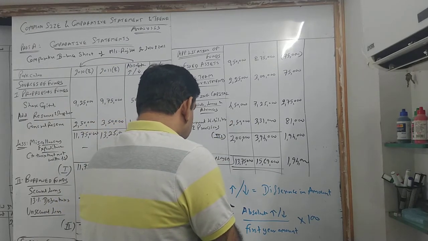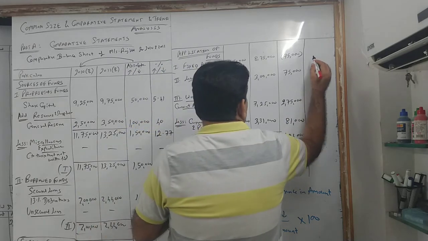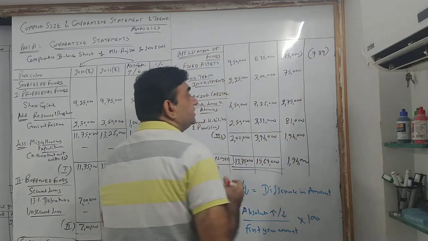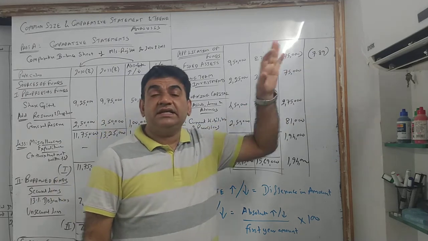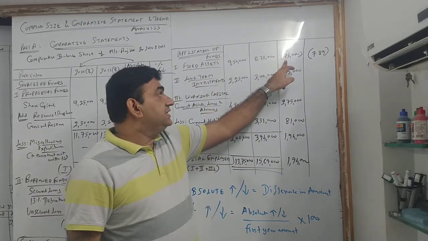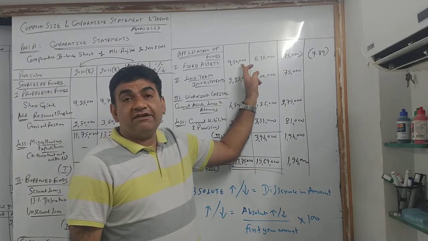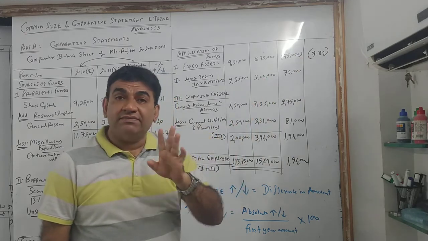75,000 divided by 9,50,000 into 100. Your percentage calculation will be the same, but you will write the percentage in negative. In the calculator you will do it normally, but the percentage you will put in brackets.